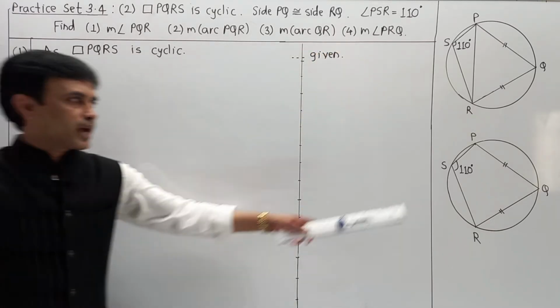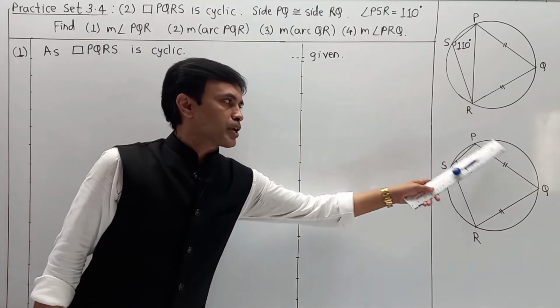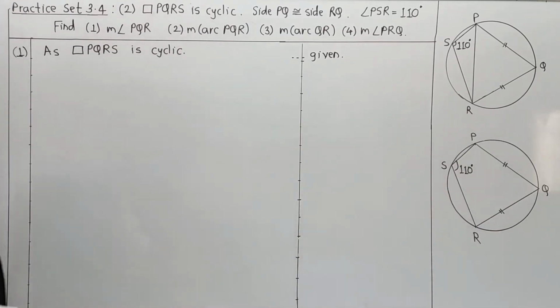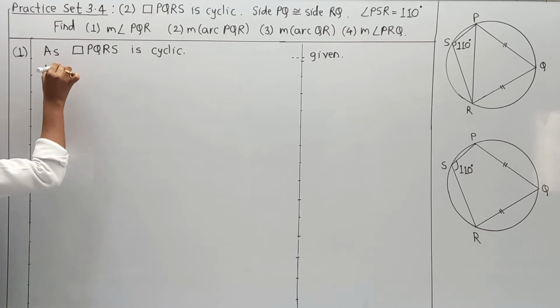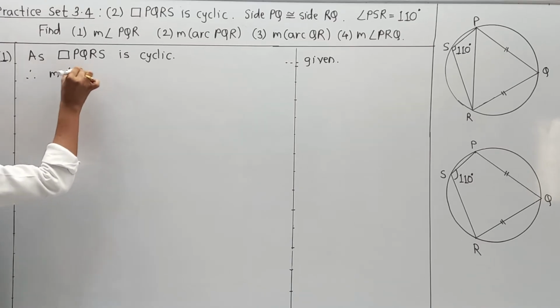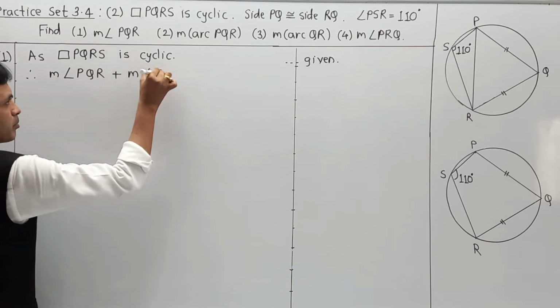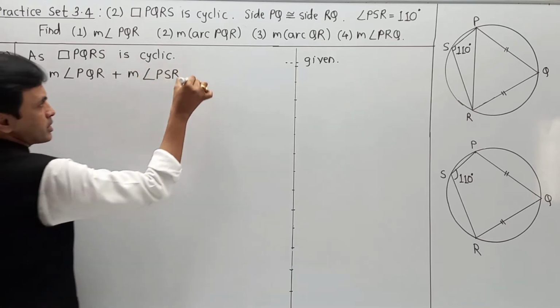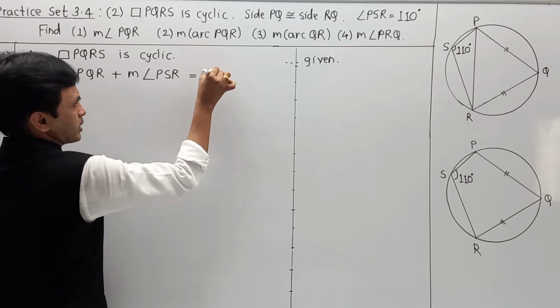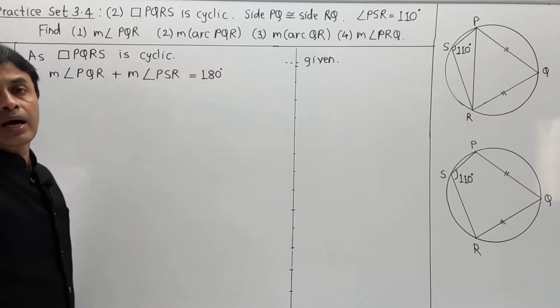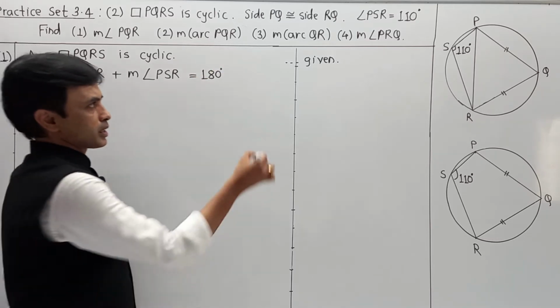Next, therefore major angle PQR plus major angle PSR is equal to 180 degrees, and the reason becomes opposite angles of a cyclic quadrilateral.